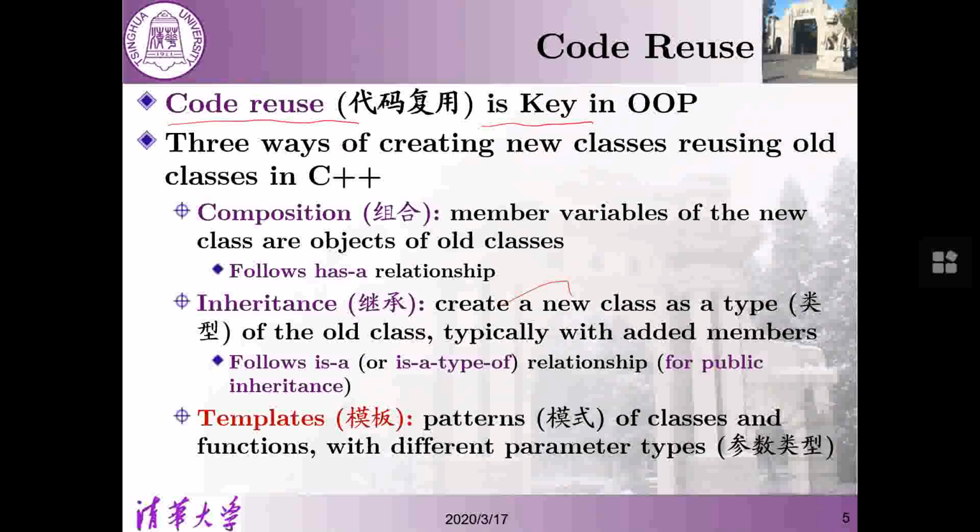Code reuse is the key in object-oriented programming, because we have learned classes, right? We use classes to define different objects with different values. So this is also code reuse.